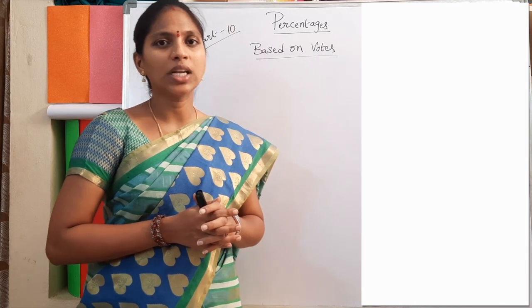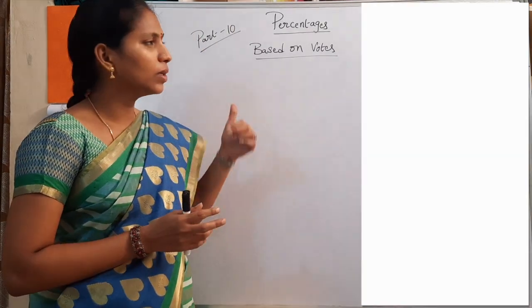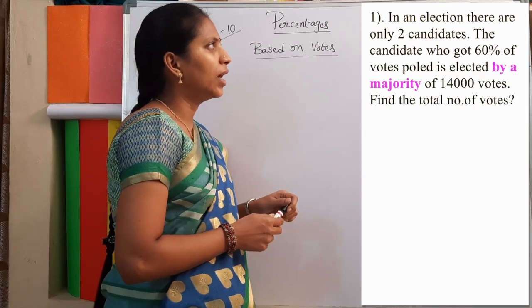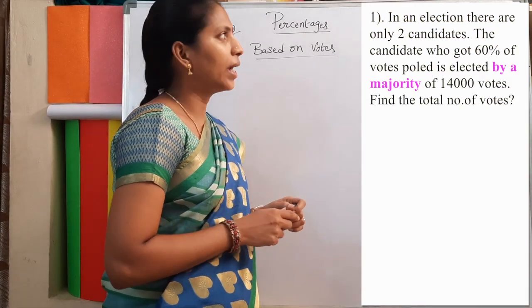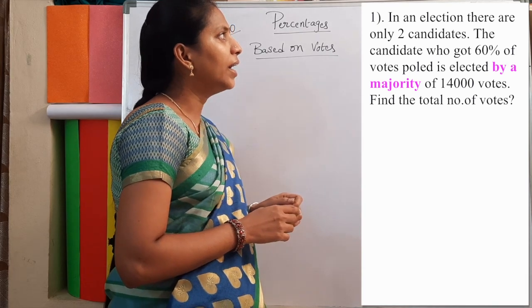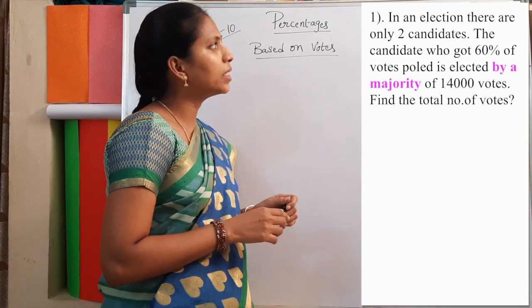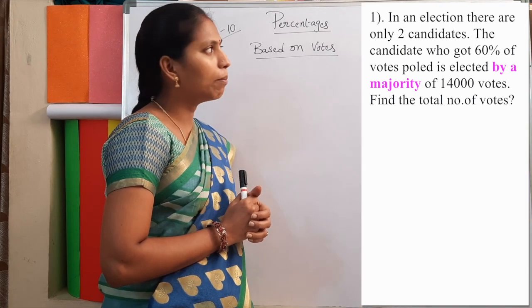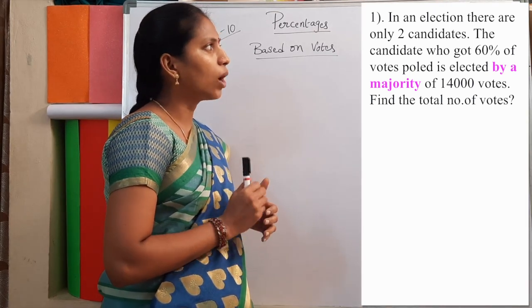Now, the first question in percentages based on votes. In an election, there are only two candidates. The candidate who got 60% of votes polled is elected by a majority of 14,000 votes.